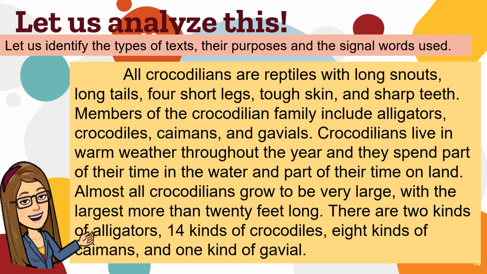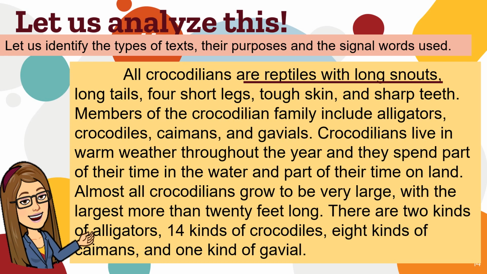Crocodilians live in warm weather throughout the year, and they spend part of their time in the water and part of their time on land. Almost all crocodilians grow to be very large, with the largest more than 20 feet long. There are 2 kinds of alligator, 14 kinds of crocodiles, 8 kinds of caimans, and 1 kind of gavial.